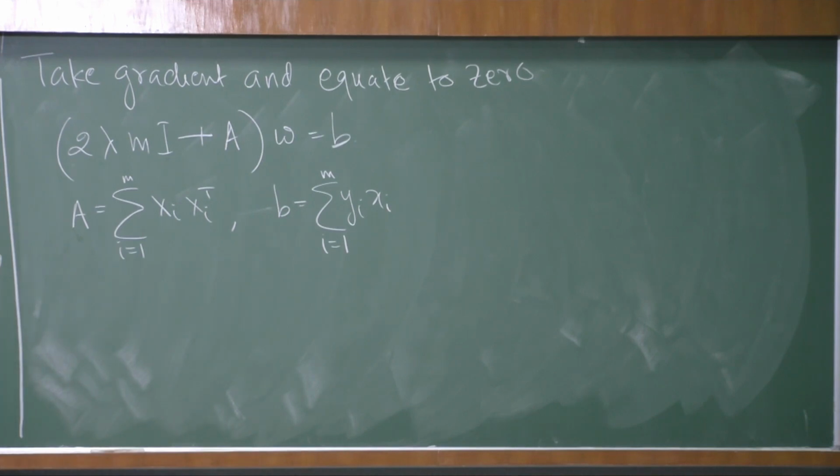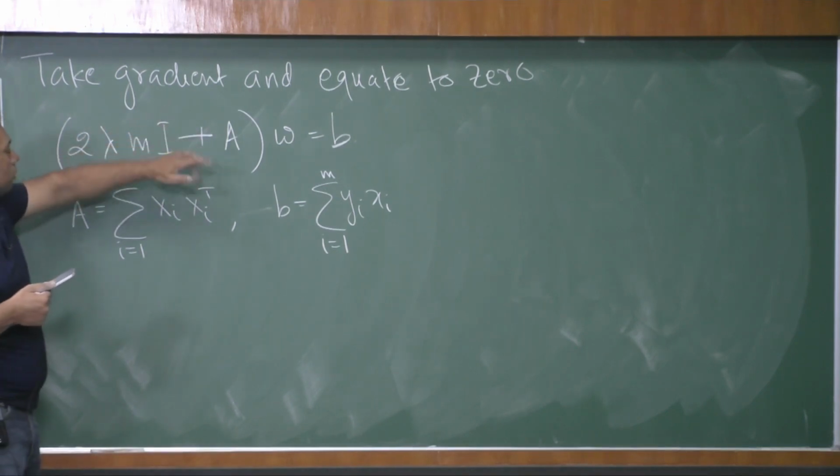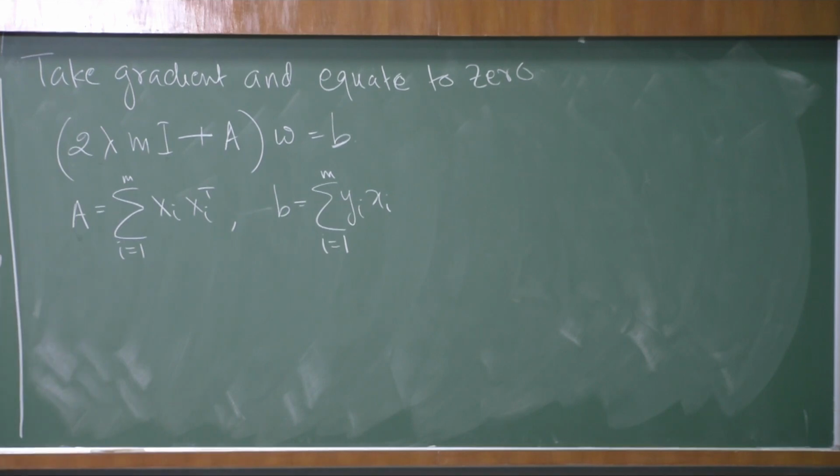That's the role of a regularizer: it makes your system stable. If you don't have this term, solutions can be infinitely many, so that's another way to stabilize a system and make it well posed.